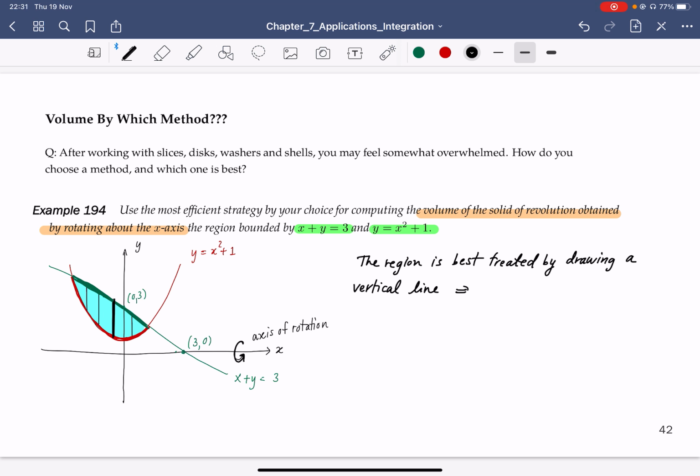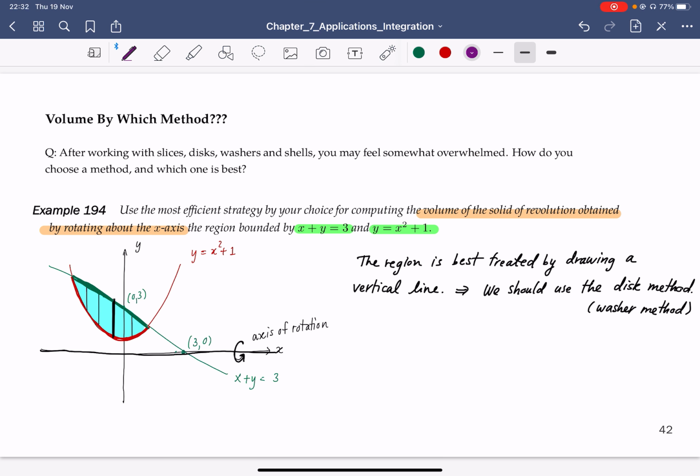So that means we should use the washer method, right? Here, because the axis of rotation is just the x-axis, you have a hole inside your solid. So this is actually the washer method. So you have to figure out the outer radius and inner radius, and then you can set up the integral.